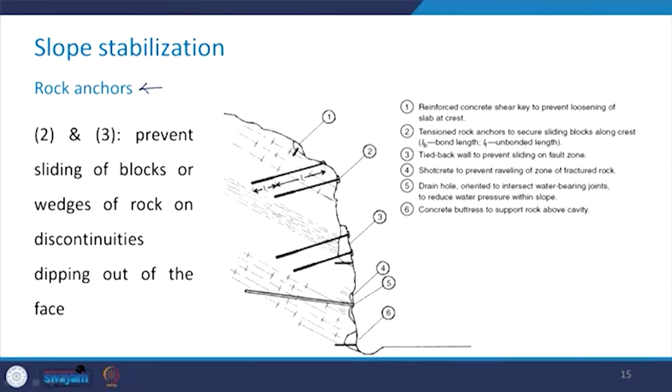Coming to the next type of slope stabilization measure, which is rock anchors. The second and third measures you can see in this figure, this one and this one, are the rock anchors. These prevent sliding of blocks or wedges of rock on discontinuities which are dipping out of the slope face.